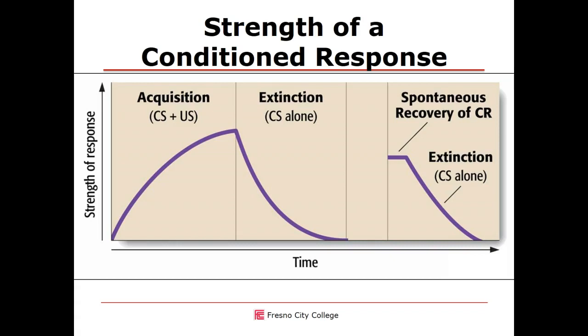Extinction should really be called inhibition. The conditioned response is inhibited when the CS and the US are no longer associated with one another in the environment. But the term you need to know is extinction, because that is the technical vocabulary used by psychologists.